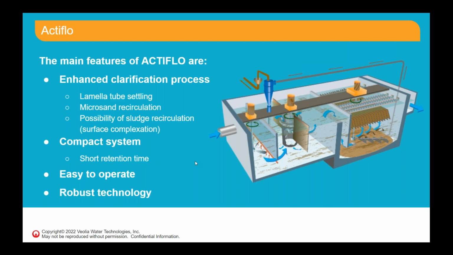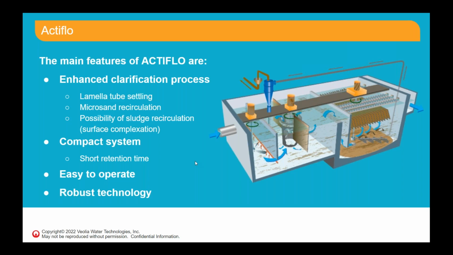It will help for surface complexation, but it can also help if there's any potential for scaling issues, to create a flux of the scaling agent upstream. If we're talking about something with gypsum, it can also help for many applications. Sludge recirculation really helps to increase the capacity and the efficiency of the treatment.